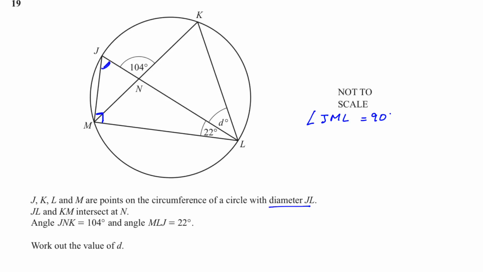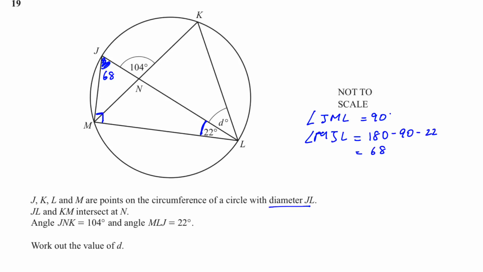Therefore, what will this angle be? You already have 2 angles. To find the third angle, you will subtract it from 180. Angle MJL will be equal to 180 minus 90 minus 22. That will be 68. So we found this angle, 68.